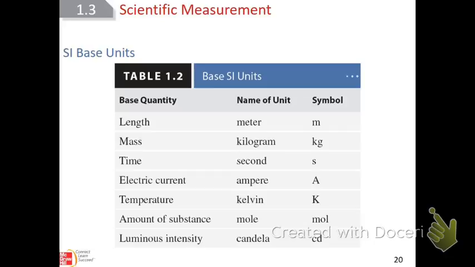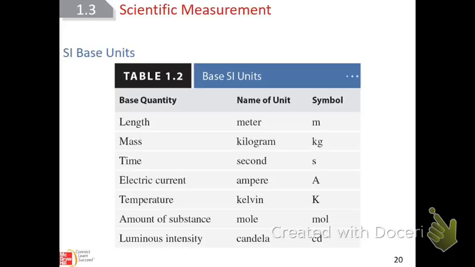And then how much of a substance there are, how many particles are actually there. The chemistry term for that is a mole. And then candela is for how bright something is, the luminosity. Again, you won't have to know that for Chem 1. That's in higher levels of chemistry than we'll use, so that one we won't have to worry about.